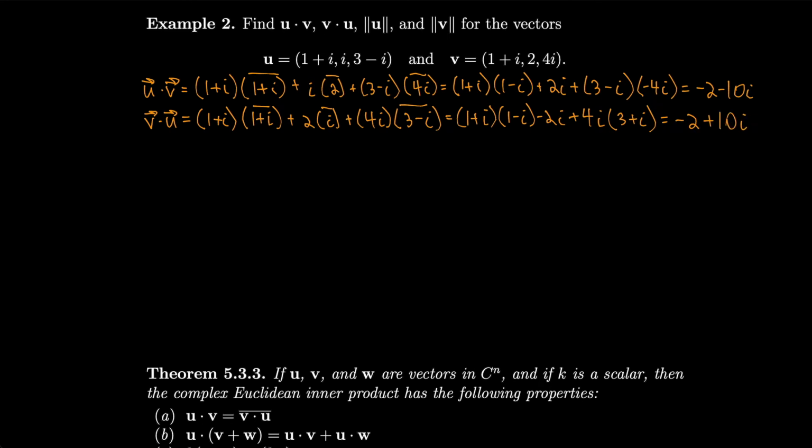So notice there are conjugates, u dot v and v dot u. Before, u dot v was always equal to v dot u, but now we can see that it's not commutative in the case of the complex vectors.